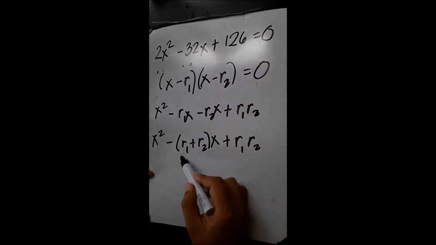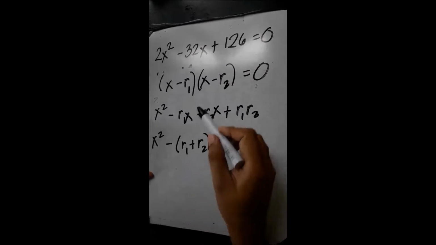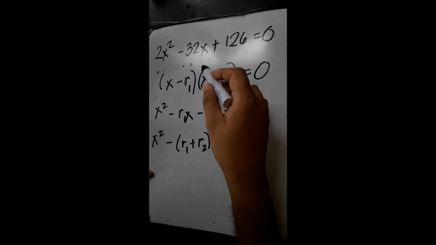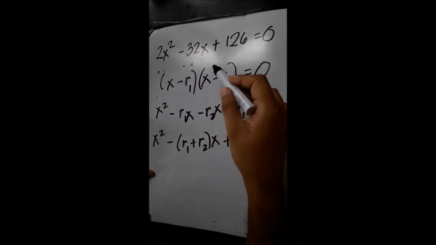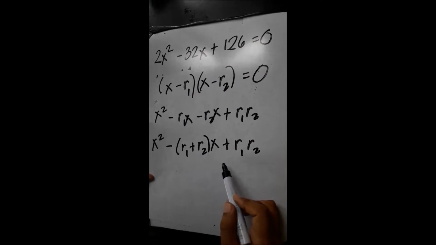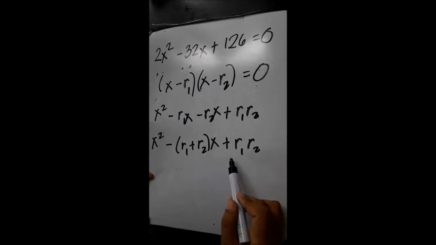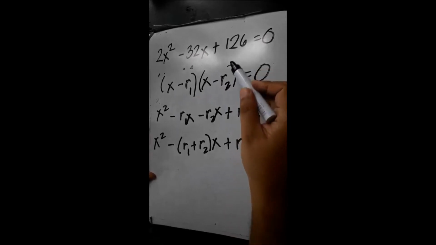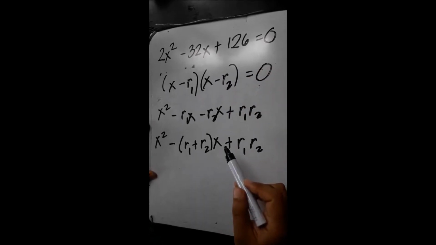In this case, root 1 plus root 2 is equal to minus the middle term here, the minus 32 on x. And conversely, the product, which is r1 r2, corresponds to the constant, which is 126.